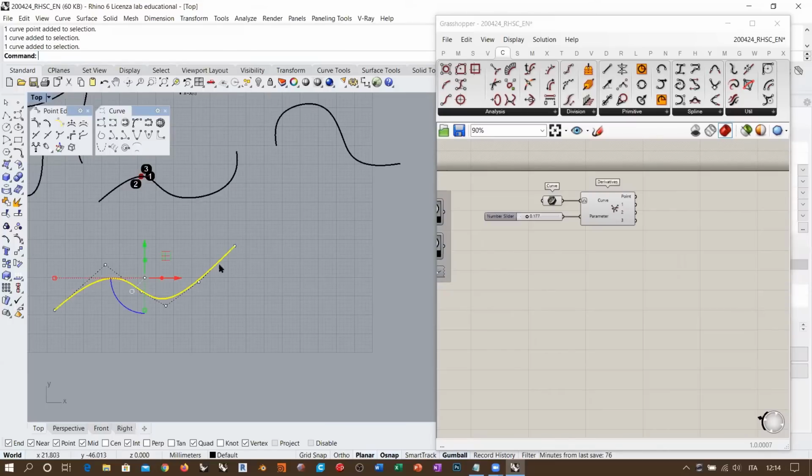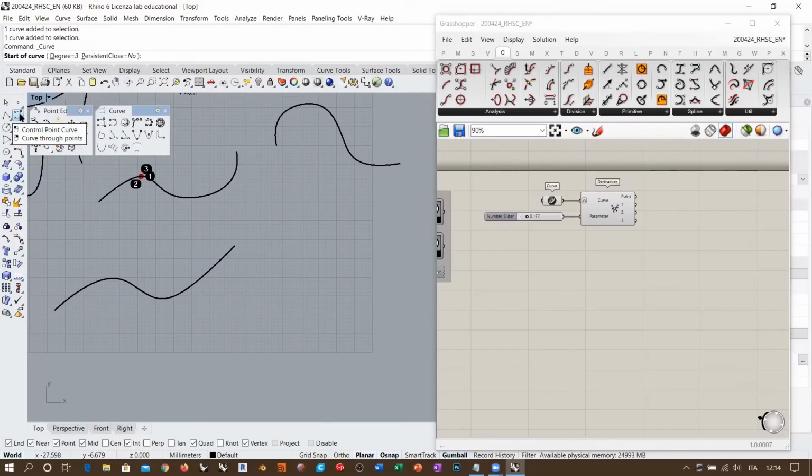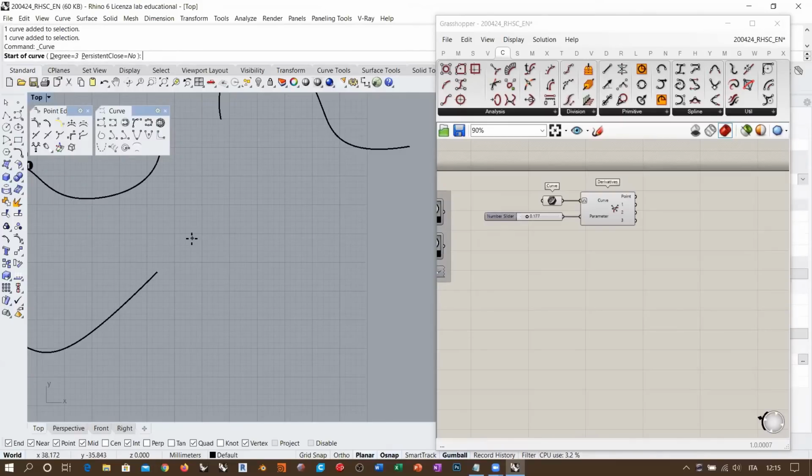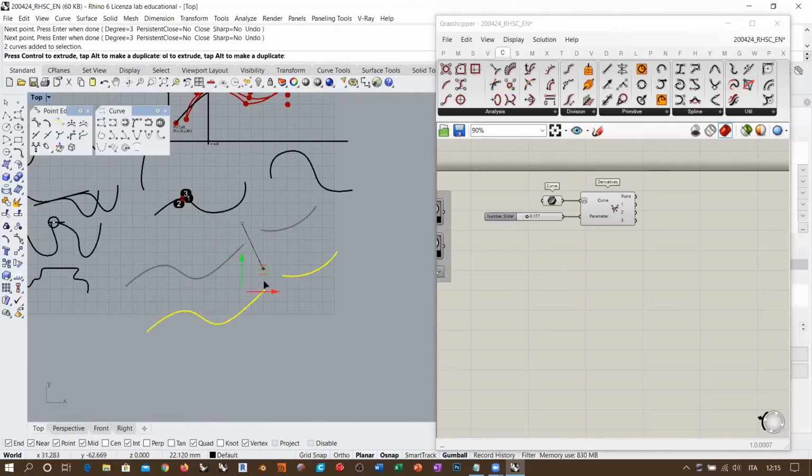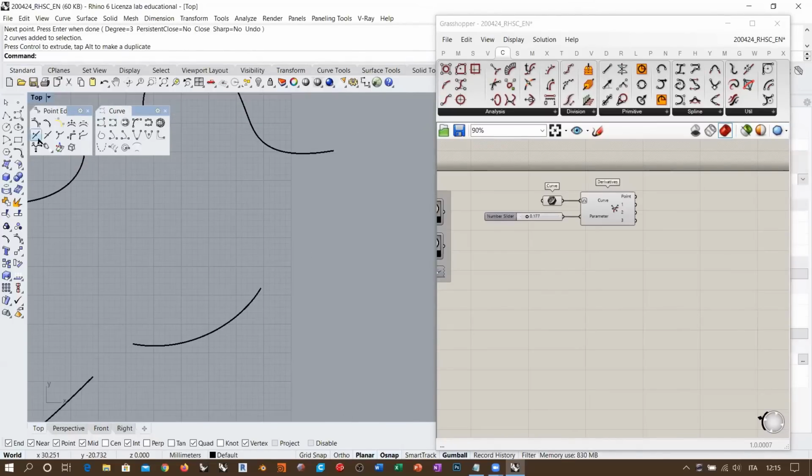So what I want to do, I have this one, and I also have a control point curve, which is going to be something like 1, 2, 3, 4 control points. I'm going to be very bad right now, but I want a third control point curve, starting from here, doing whatever it wants.